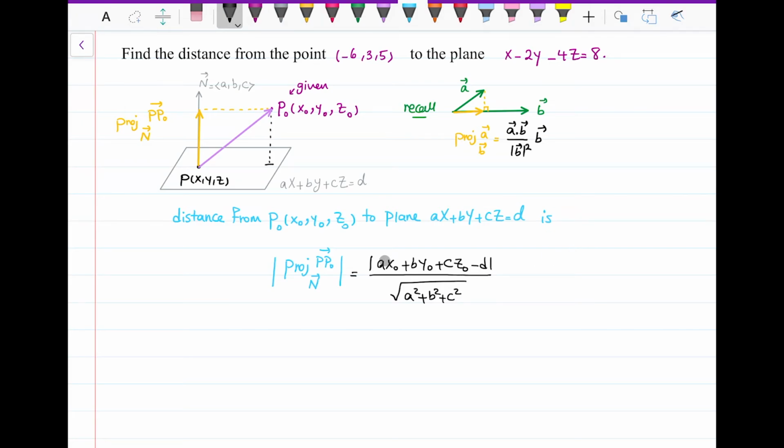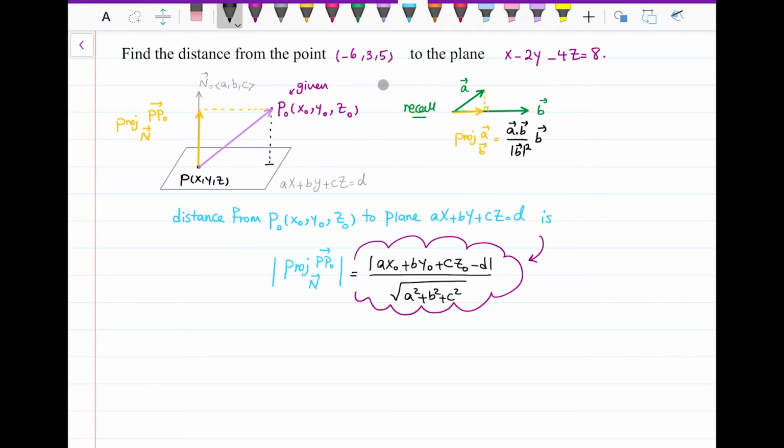This is the distance. As you know, a, b, c, and d are given. These are the equation of the plane. X naught, y naught, and z naught is the point, and over the length of the normal vector. So this is the formula for the distance.